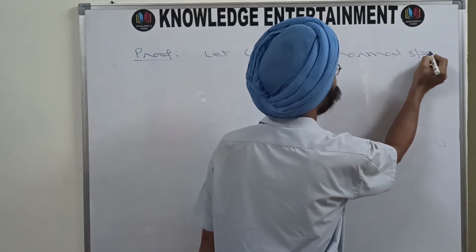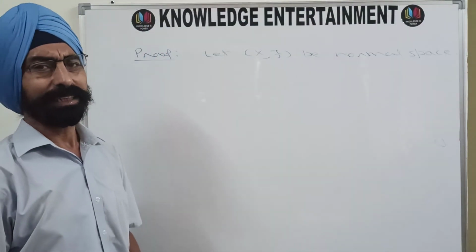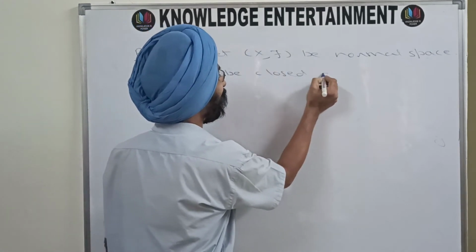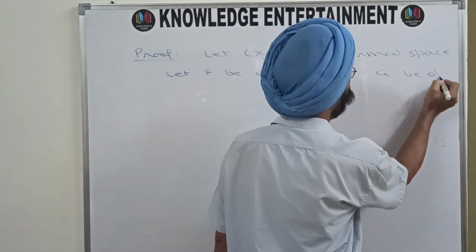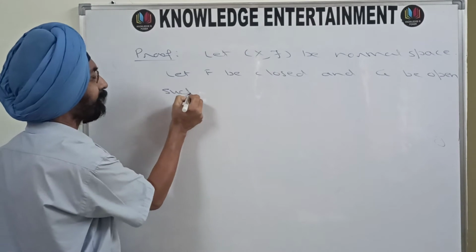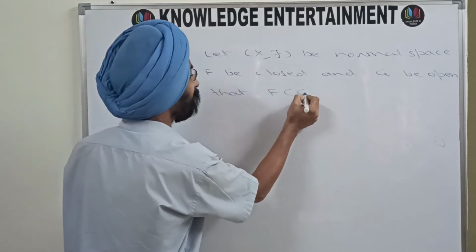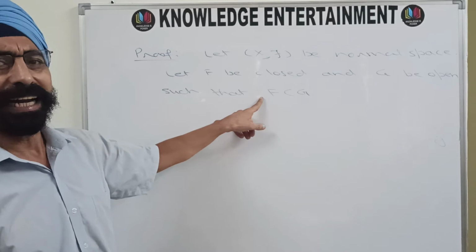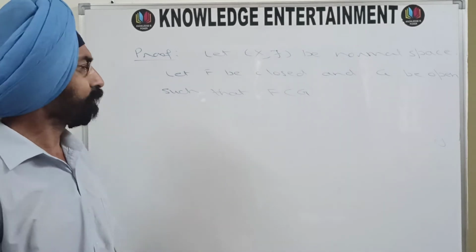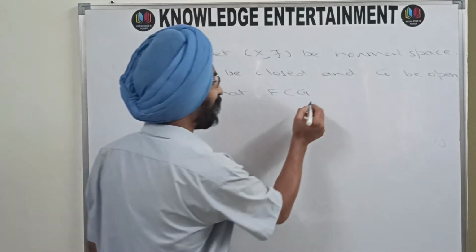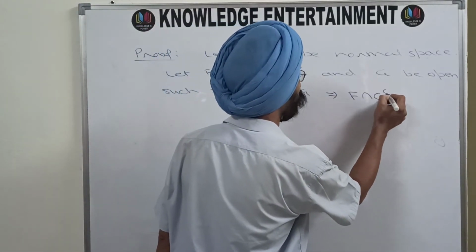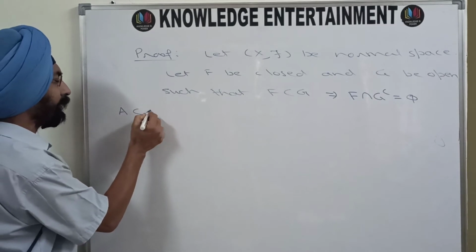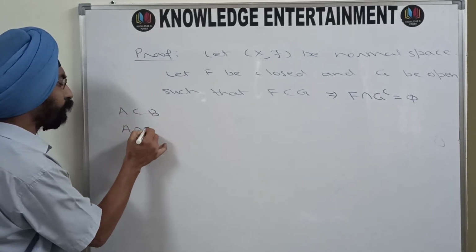Also, I'll take one closed set F and an open set G that contains F. Let F be closed and G be open such that F is contained in G. Now, you require an open set H such that F is contained in H and H bar is a subset of G. So F is a subset of G. This directly means that F intersection with G complement is empty, because if A is a subset of B, then A intersection with B complement is empty.